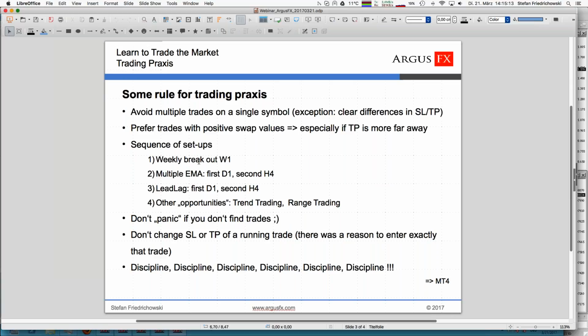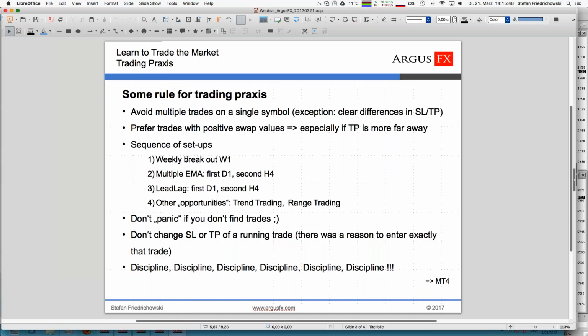The second is the multiple EMA setup, and I start with the time frame D1, so daily based, and then I switch to a little bit shorter time scale, and that is H4, so 4 hour candles. Finally, I go to the lead leg strategy, and once again I start with the daily, and then I look for H4 as well.